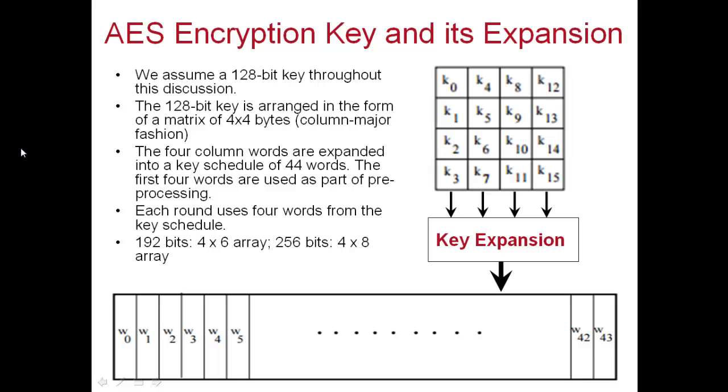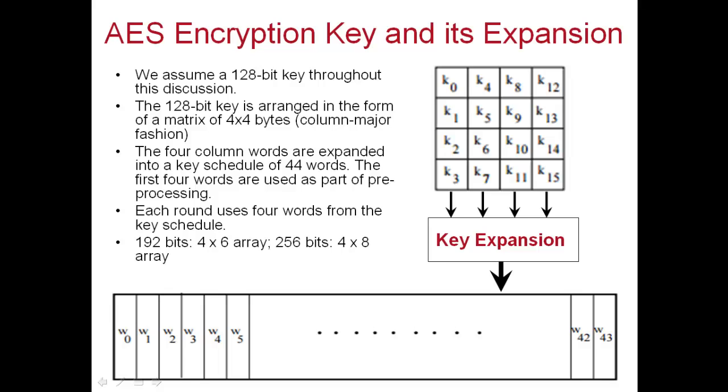I said the key length could be either 128 bits, 192 bits, or 256 bits. For this discussion, we'll refer to only the 128-bit key. The 128-bit key is arranged like the input block as a 4 by 4 array.